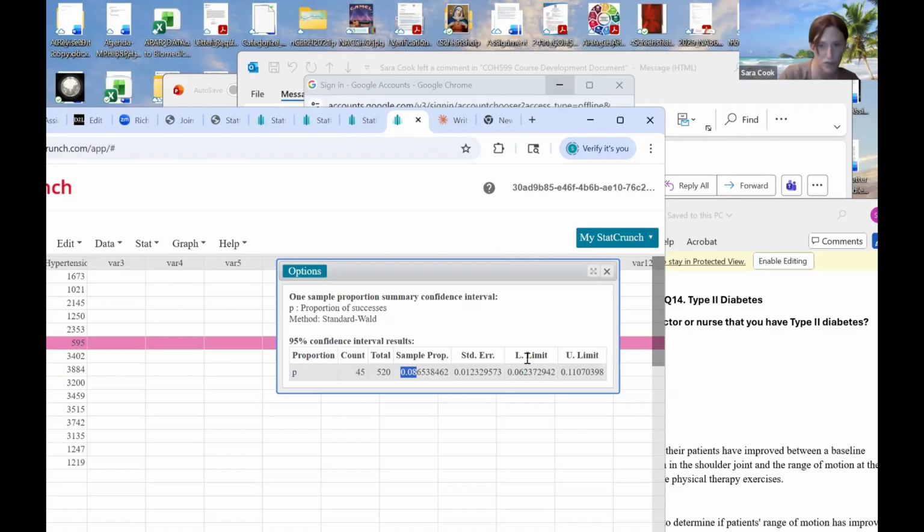Okay, so these are proportions, just multiplying by 100, you get the percentage, right? So you could state it in proportions. I find it easier to think in terms of percentages. So you have 8.6% of the population are type 2 diabetic, and the low end would be 6.2%, the high end would be 11.1%. Okay.